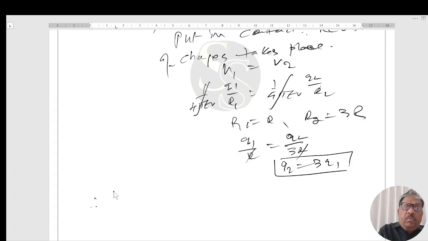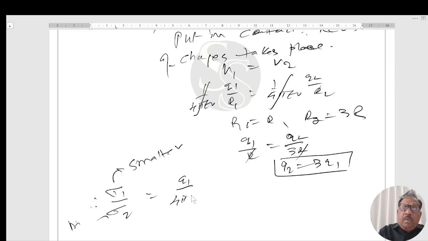Now, to find the ratio, this is the smaller one, this is the bigger one. Surface charge density is charge upon surface area. So sigma 1 over sigma 2 equals q1 upon 4 pi r1 square, upon q2 upon 4 pi r2 square.